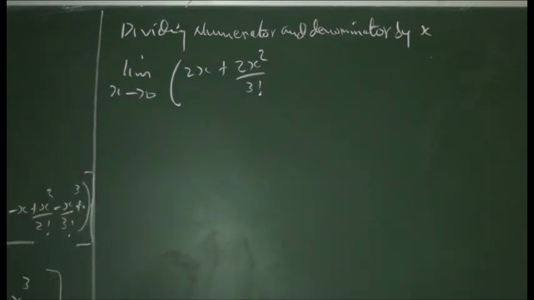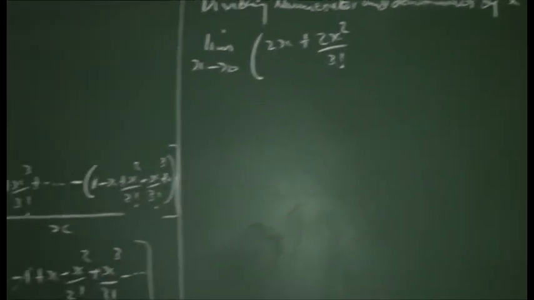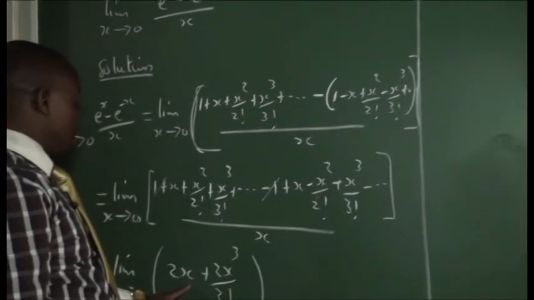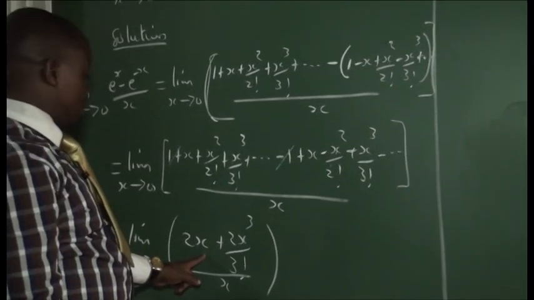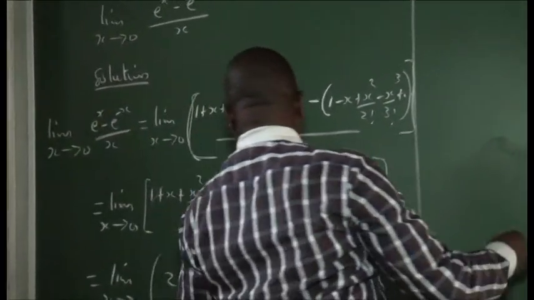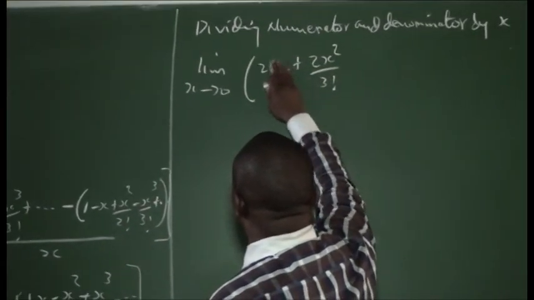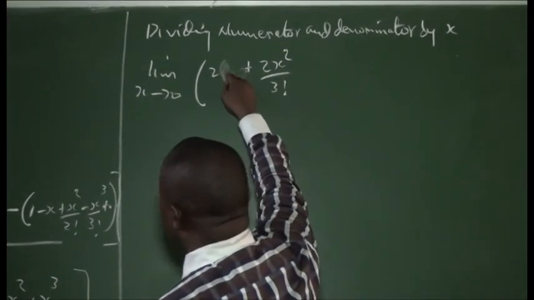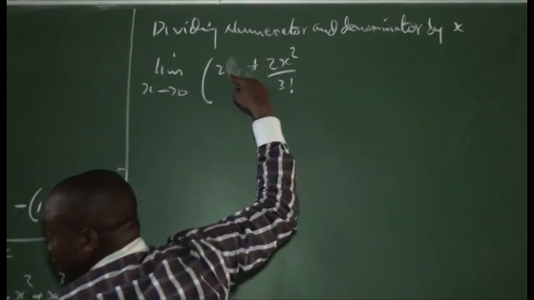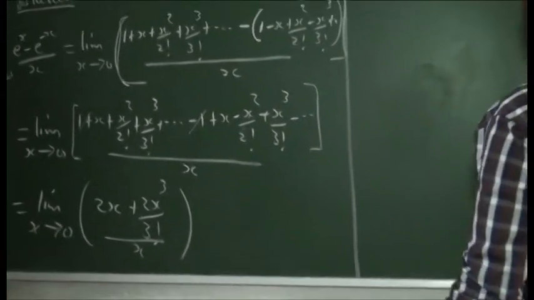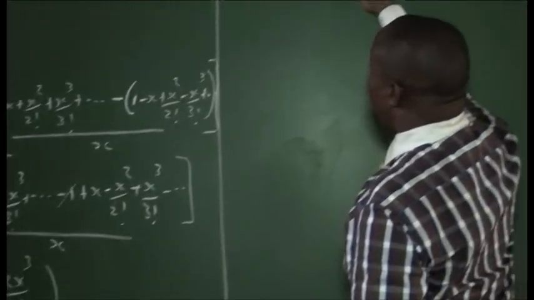Now notice that when we divide here, this one remains x squared. Of course, this place will become 2 only, because we divide here by x, so it becomes 2 over 1.